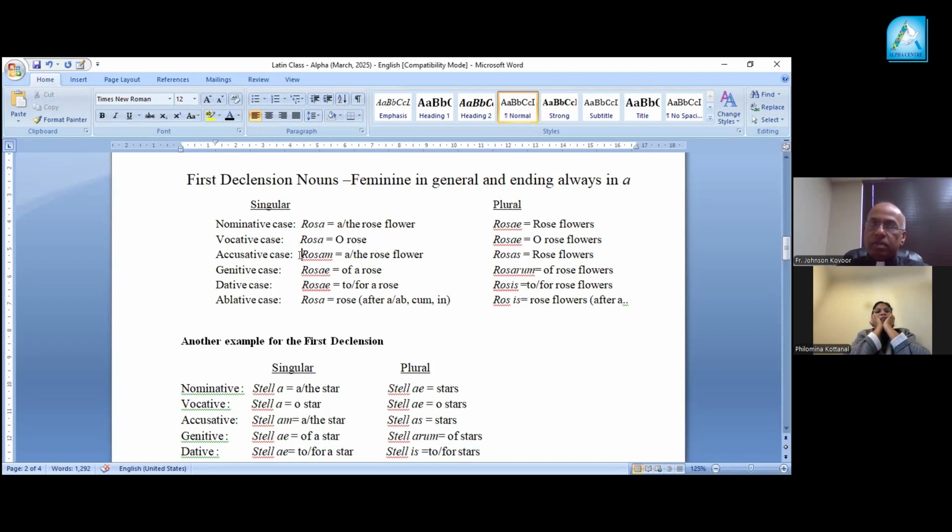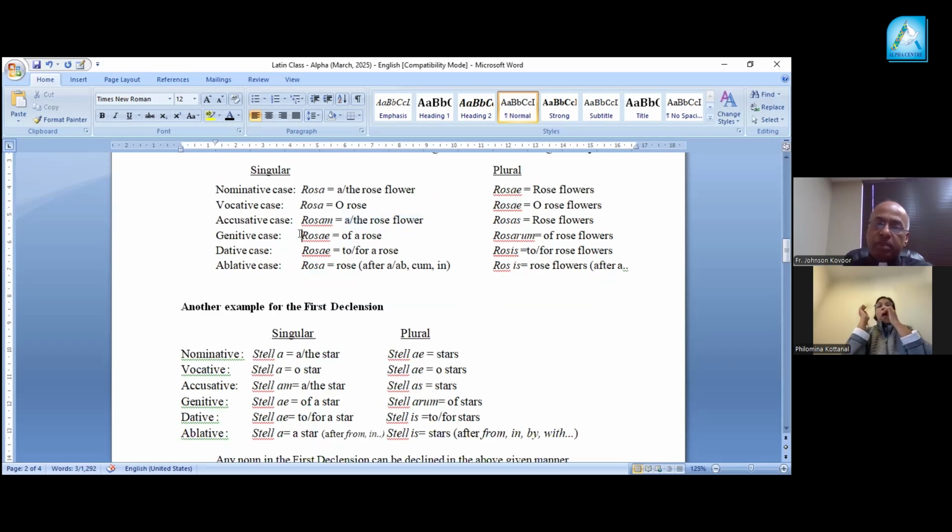Pen and Joseph are both nouns, but the direct object of giving is pen. Like that, there can be different nouns, but the direct object of the verb in a sentence is used in the accusative case. So in the first declension noun, the accusative case is Rosam. The translation in English may be the same, the rose or a rose.